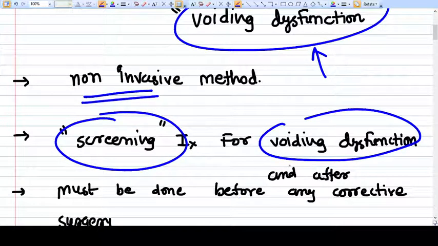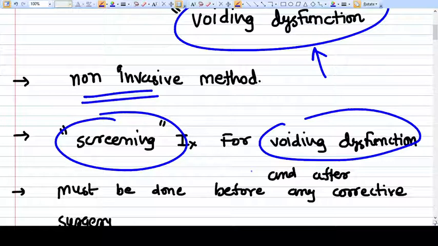It acts as a screening investigation for voiding dysfunction. First of all, to know voiding dysfunction, we should know what is normal voiding function: how a normal voiding happens, and how to measure the normal voiding pattern. This should be done with this particular investigation, and any displacement from this normal can be diagnosed as abnormal voiding dysfunction.